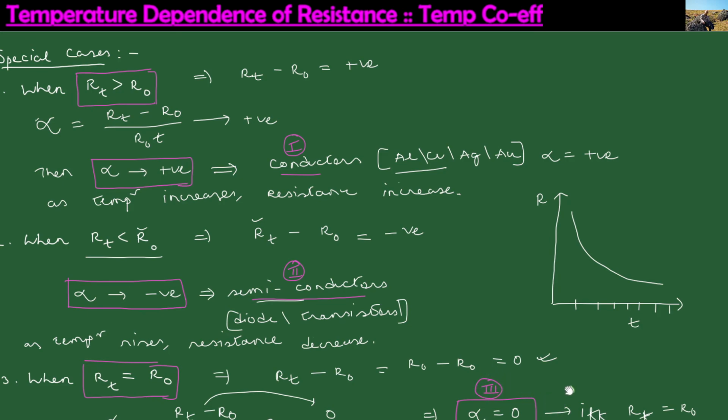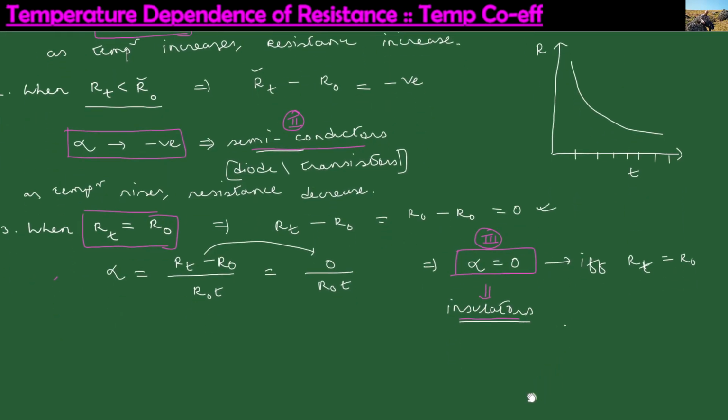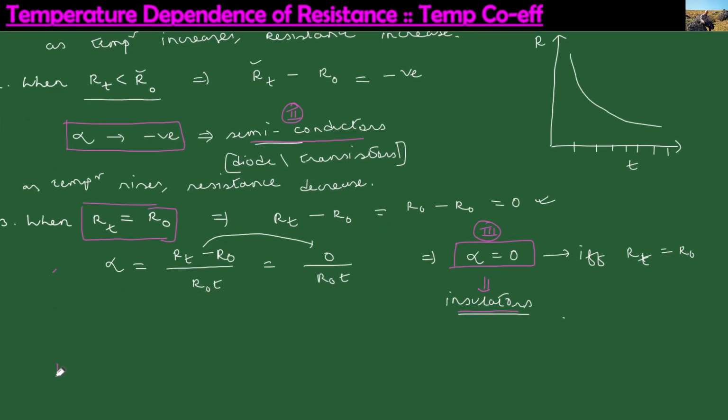Remember, with regards to resistivity also, we can classify materials into three types: conductors, semiconductors, and insulators.